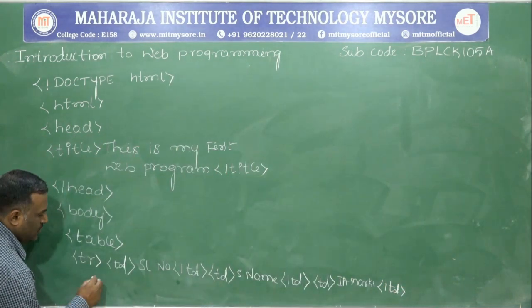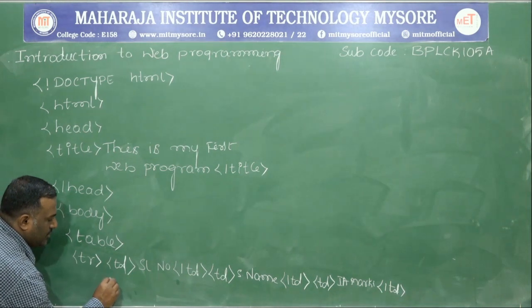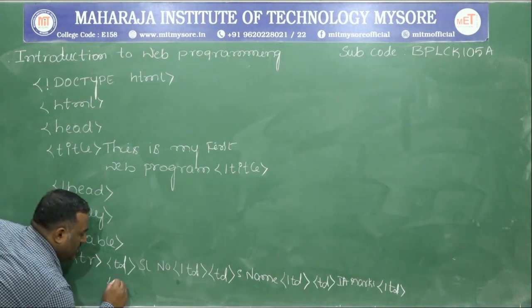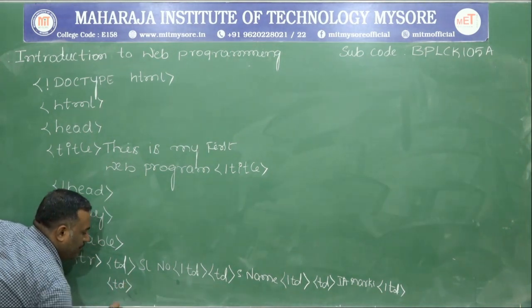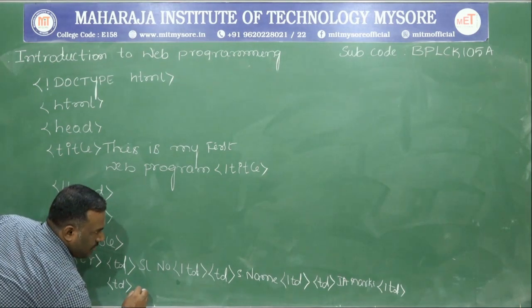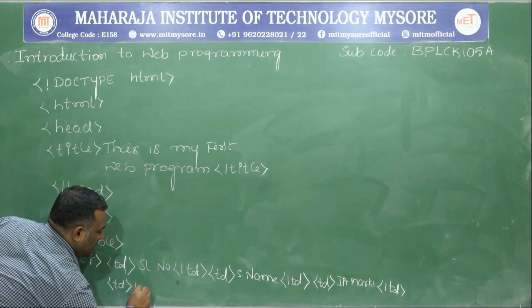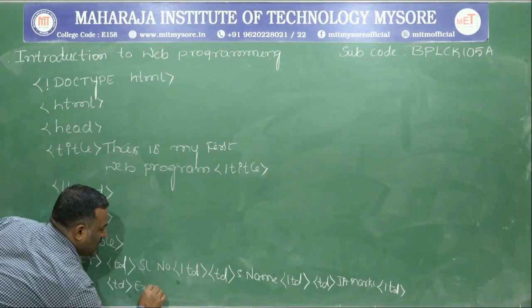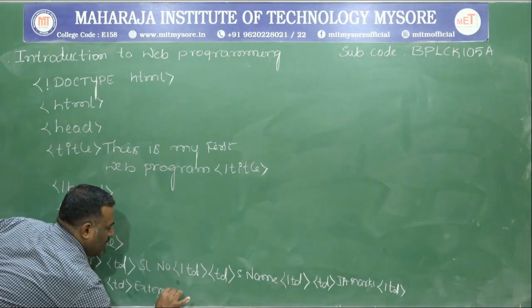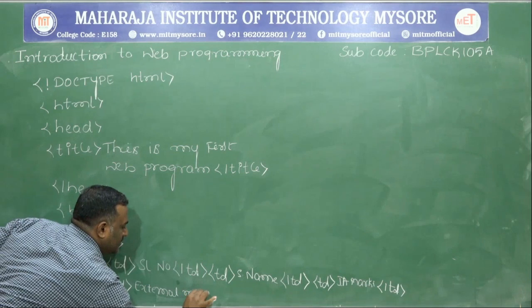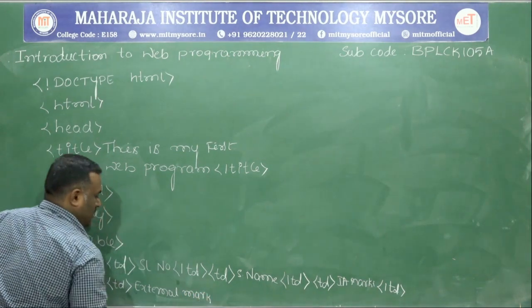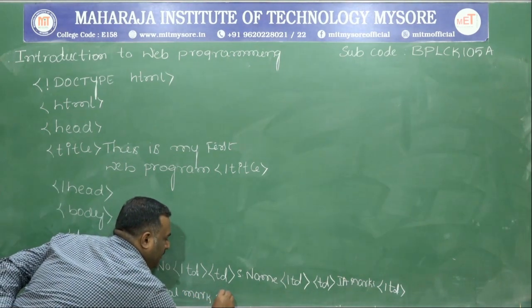Then one more td within the first tr: external marks, end of the td.